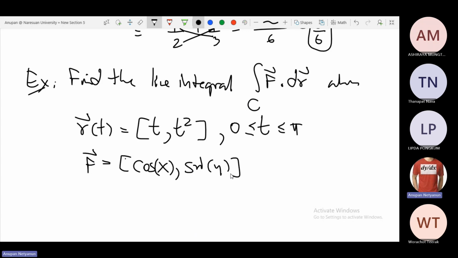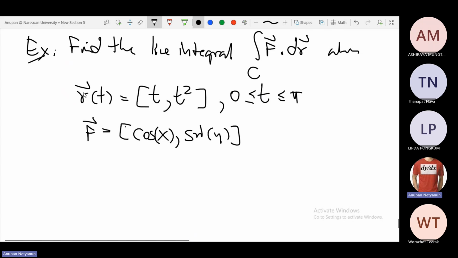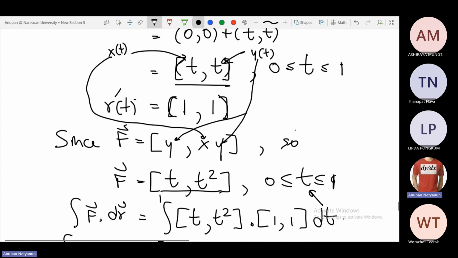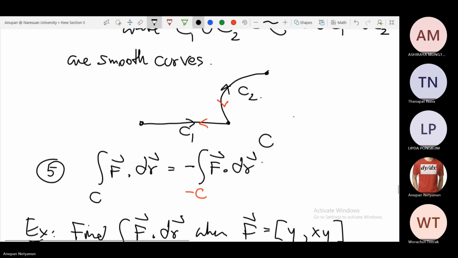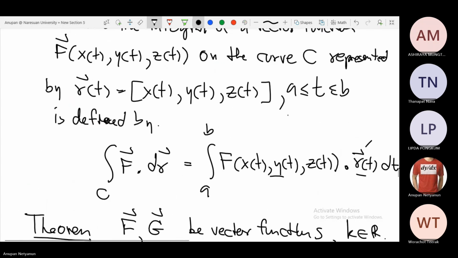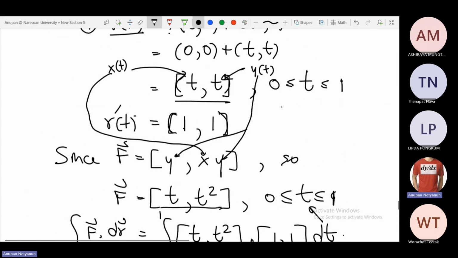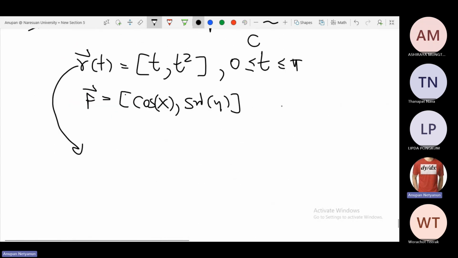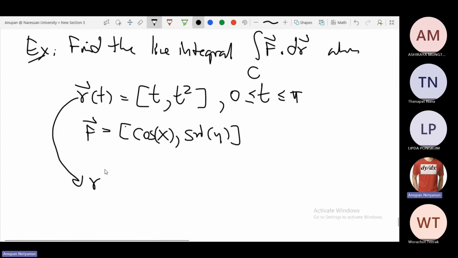Now, again, let's look at r(t) first. That you already had. And when you have r(t), since we need to change from this notation to this notation, you need to find r prime t. So take the derivative of r(t).